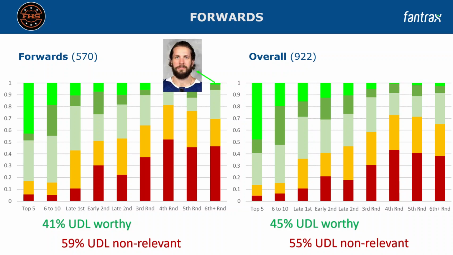But value can be found even in the later rounds. This is the only star player that has been drafted as a forward past the sixth round, which was a seventh round selection in the inaugural prospect draft by Chilliwack. Pretty famous, should be.